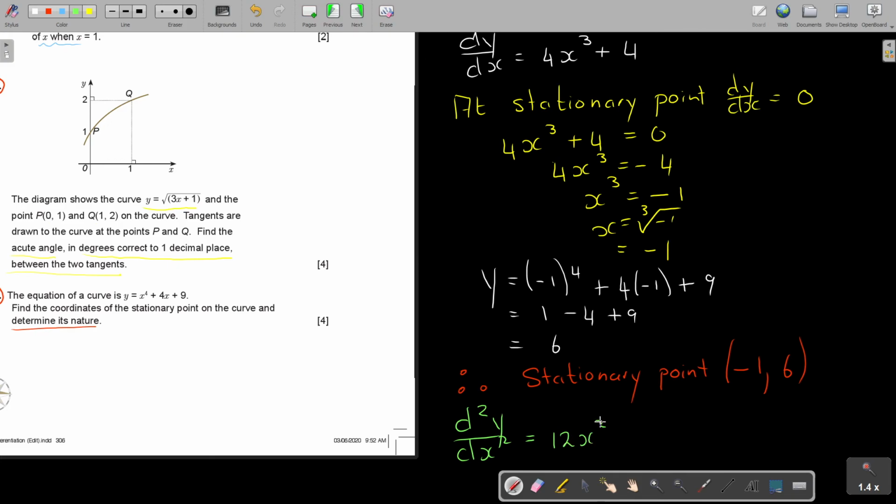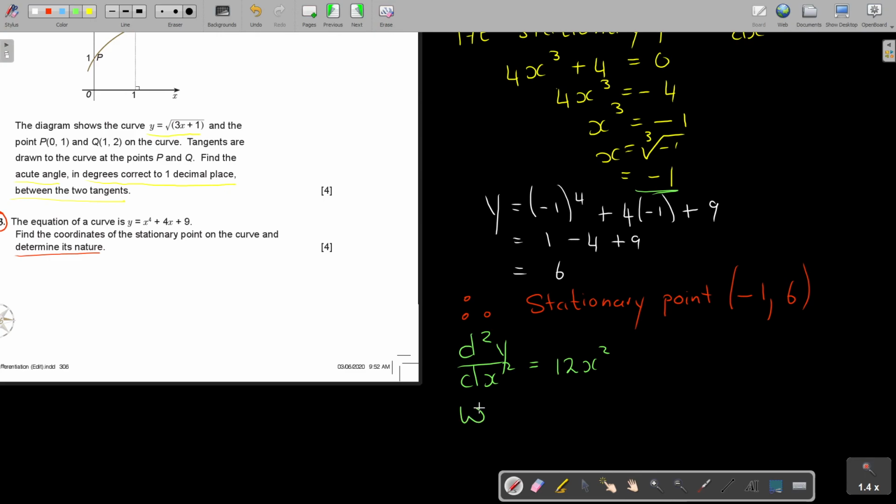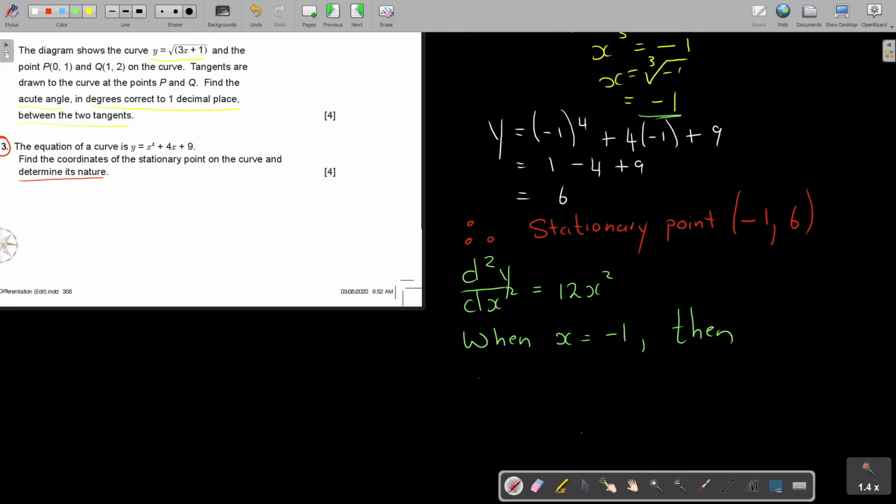Now, remember what was x? When x is negative 1, then d squared y over dx squared equals 12 times negative 1 squared, and that will be 12.